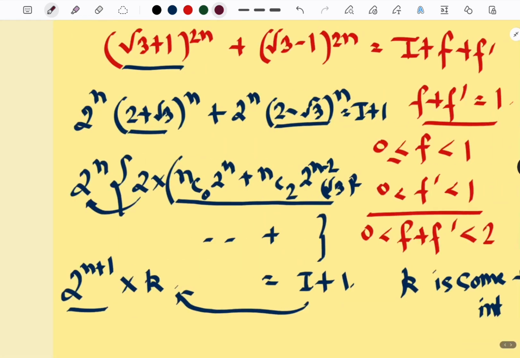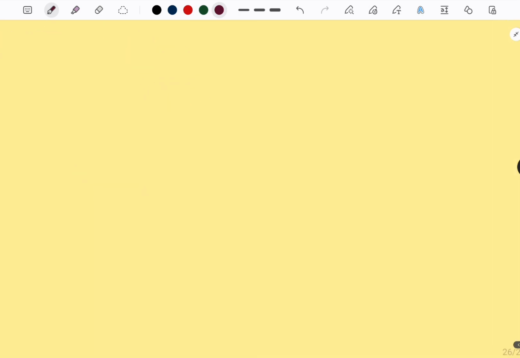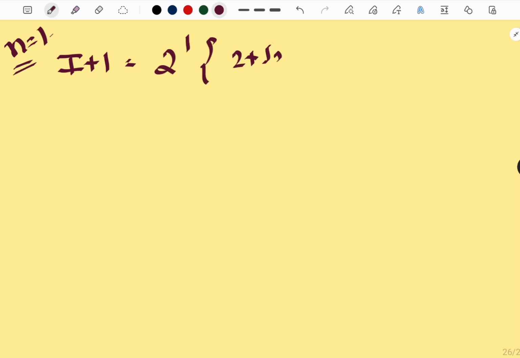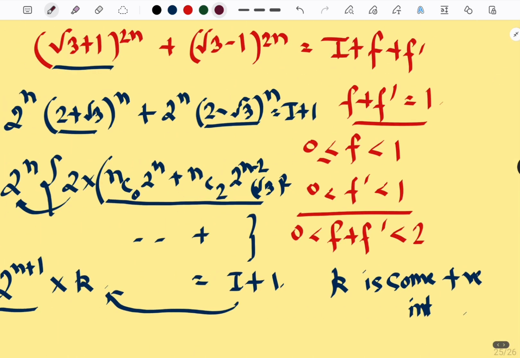Let's see. If I put on the condition, I + 1 is equal to, let's say for n equal to 1, if I am checking, 2^1 into (2 + √3)^1 + (2 − √3)^1. Which equation did we put on?